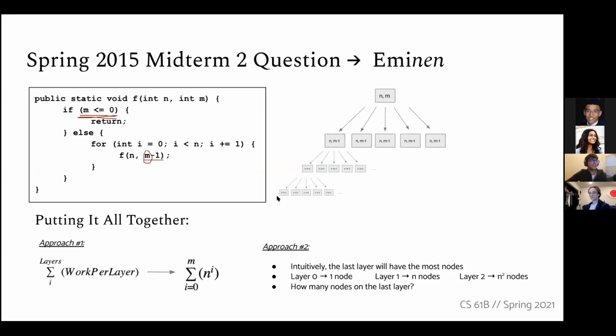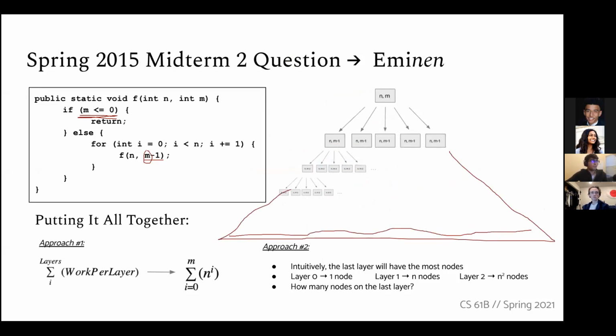Intuitively, we can say that the last layer is going to have the most nodes, right? Because obviously you can see this tree is going to get really big. Now in layer 0 here, we saw that there's essentially 1 node. Then in layer 1, there are n nodes because this node is going to have n children. Well, each of these also had n of their own children.